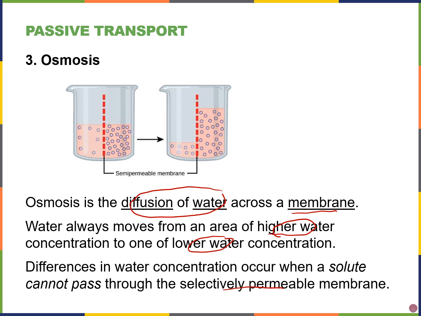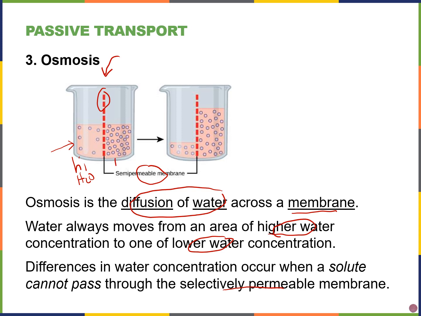So here I have a picture of my starting container. I'm going to pretend this is some kind of cell, and my red line is that semi-permeable membrane. The purple dots are my solutes, and the solutes cannot cross. The pink solution is my water. So here I can see that there is more water on the left side, high water concentration.